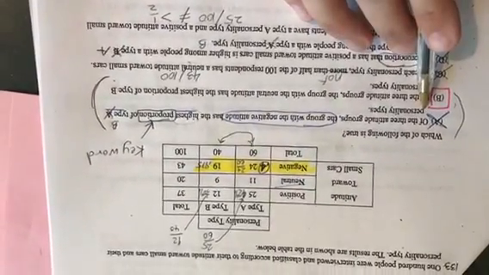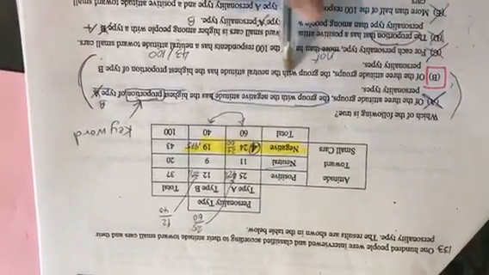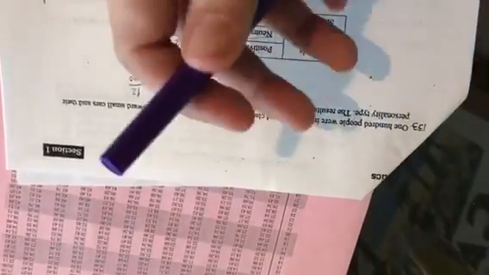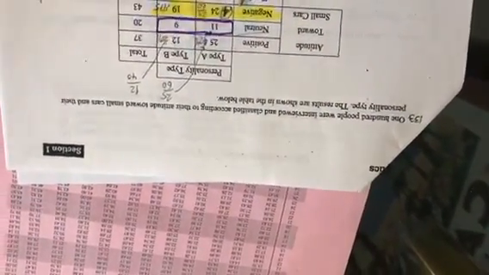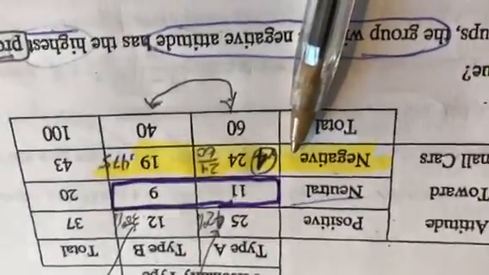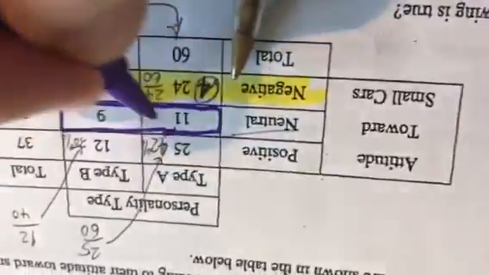I've basically eliminated everything. Now let's take a look at B. Of the group with neutral. So now looking at neutral and only looking at neutral, I'm going to compare those proportions. 11 out of 60 is 18%.